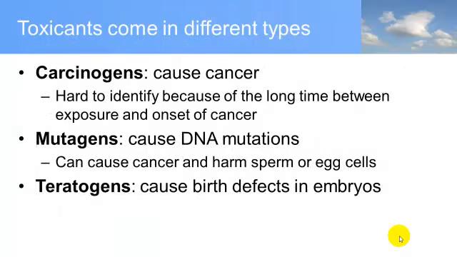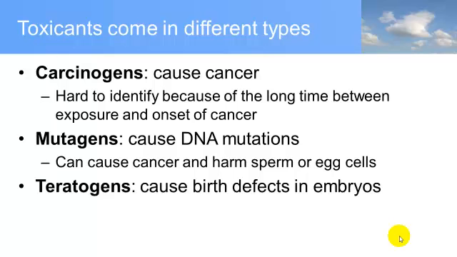There are different categories of toxicants based on what type of damage they can do. Many toxicants can be 1, 2, 3, 4, or more of these categories at once. But carcinogens, for example, are chemicals that cause cancer.